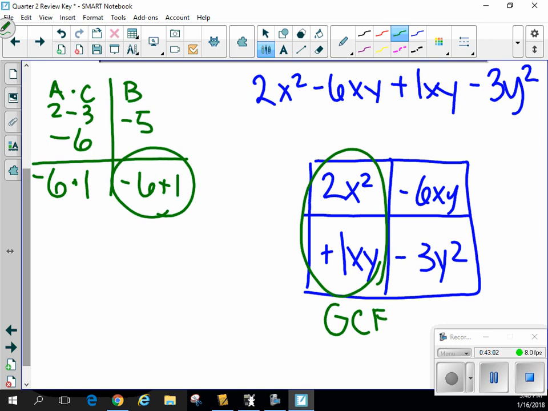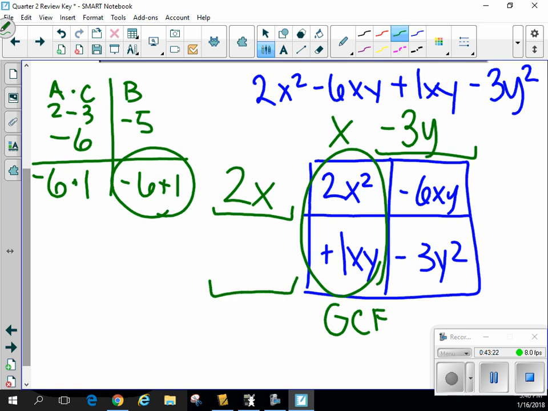So when we look at 2x squared and y, they share an x. And then you ask yourself, x times what gets 2x squared, so you say 2x. 2x times y is negative 6xy, so we would say negative 3. And x times y, so you would say plus 1y.